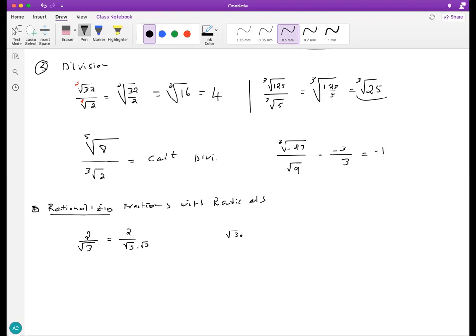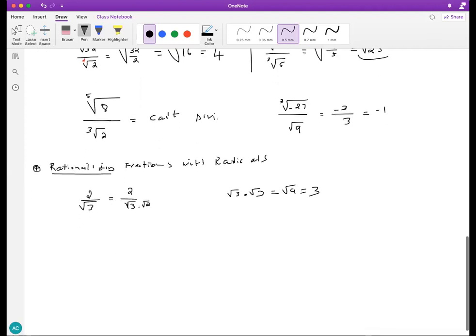Because radical 3 times radical 3 is basically radical 9, which is 3. So when you multiply a radical by itself, when the index is 2, that radical goes away. So radical 3 times radical 3 is radical 9, which turns into 3.